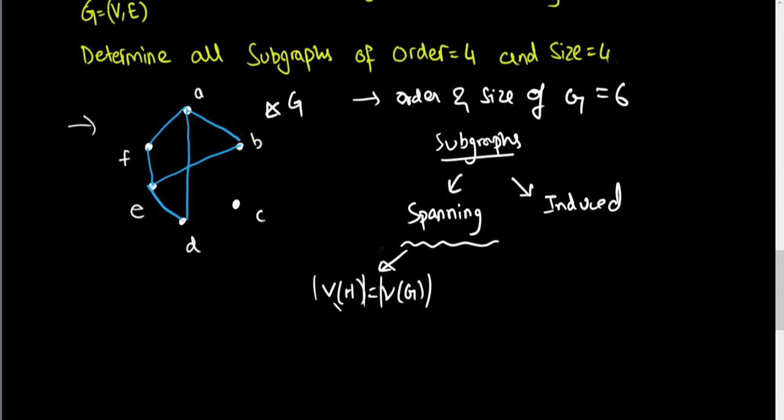But if we find a subgraph H of order 4, that means that this condition is always false, right? Because we need a subgraph of order 4, but we are bound by the condition of a spanning subgraph that the vertices should remain same. So we've arrived at a contradiction. That means that there are no spanning subgraphs possible.